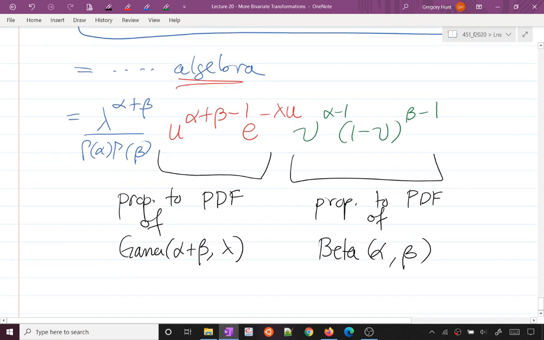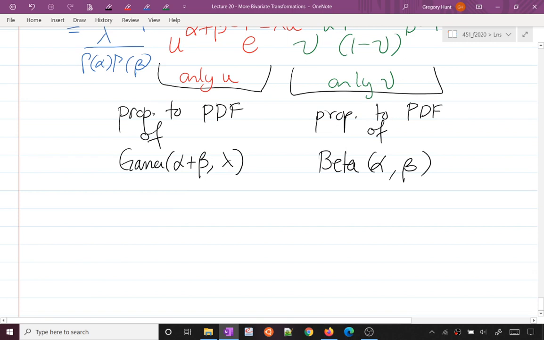So go back and look at what those PDFs look like. Those are basically proportional to them. And notice that this first thing only depends on u, and the second thing only depends on v. So the final result here is that u is independent of v.